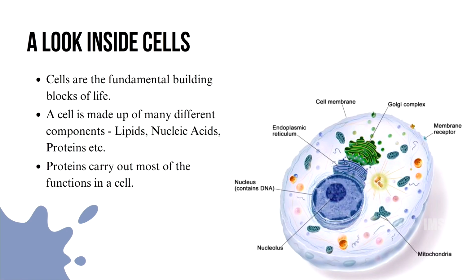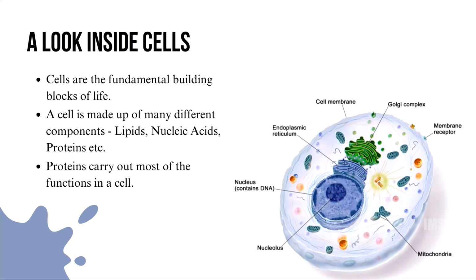Lipids are what make this boundary, so the cell membrane is composed of lipids. Then the cell needs to have some idea of what to do in case some situation presents itself, so it needs a set of instructions. The set of instructions is coded in nucleic acids. In most cases, it's DNA, deoxyribonucleic acid.